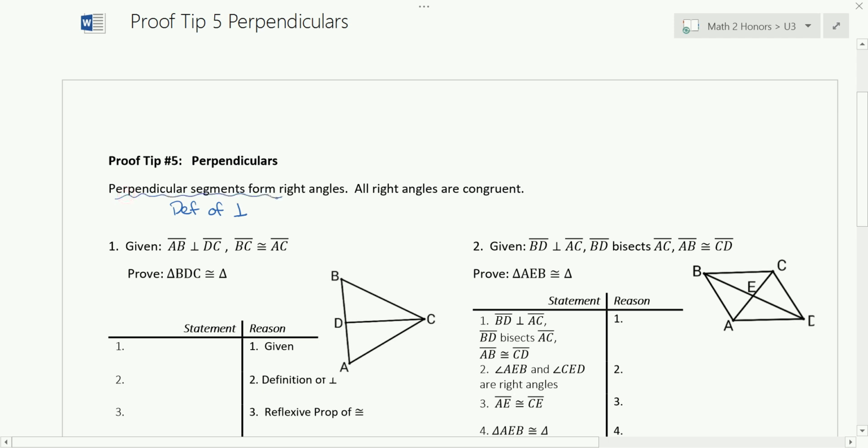This first sentence right here. Okay. But then there's another statement that's a theorem, and that's that all right angles are congruent. It's something that we know is like obvious, but it's just a statement that we can use. So there's actually 2 statements in our proof that we could use. We can use definition of perpendicular, and we can use all right angles are congruent.